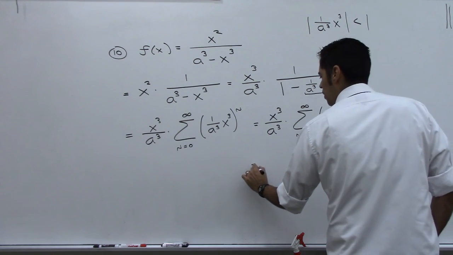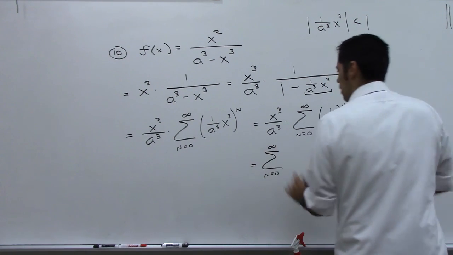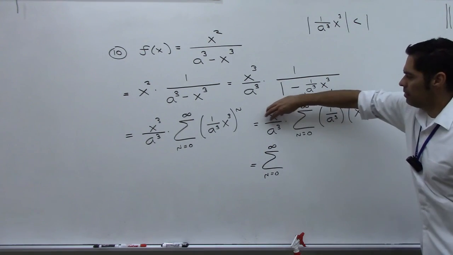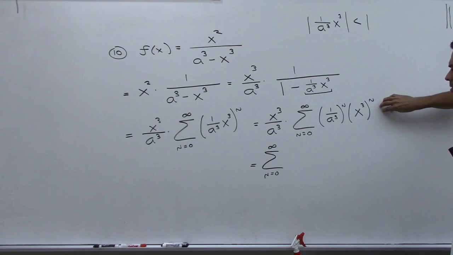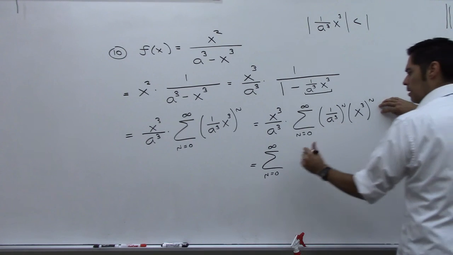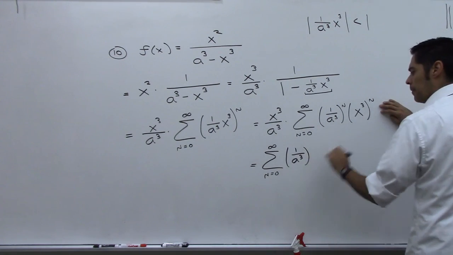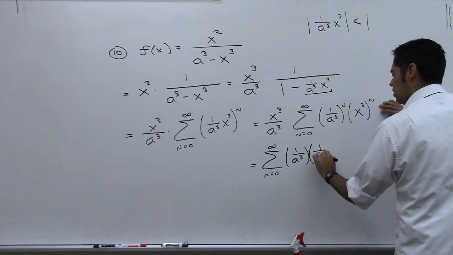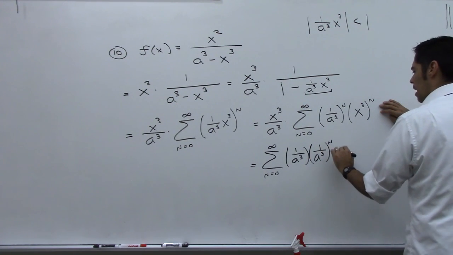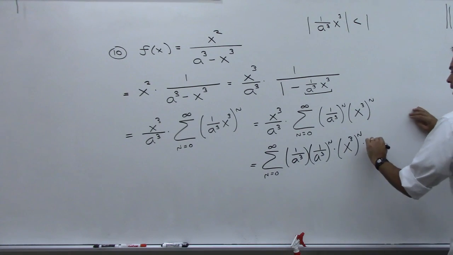And now I will put these back in. So the x cubed, I'm going to slide it back here to the end, and what's going to be left is a 1 over a cubed. I'll put it next to this one. So I have the 1 over a cubed that I just pulled in from out here. I had the 1 over a cubed to the n.